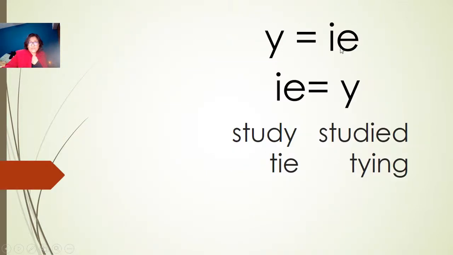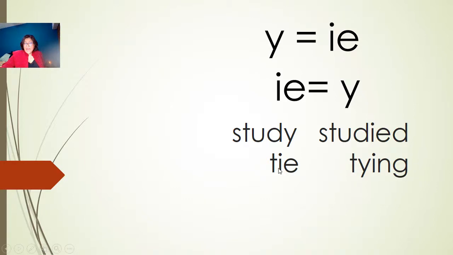Okay, so this is practically the same logic as over here. When we have study and we want to change it to the past tense, because it's an ed form of a regular verb, we would have to change the Y to an I and add ed to maintain the sound. Studied. Same situation in this.